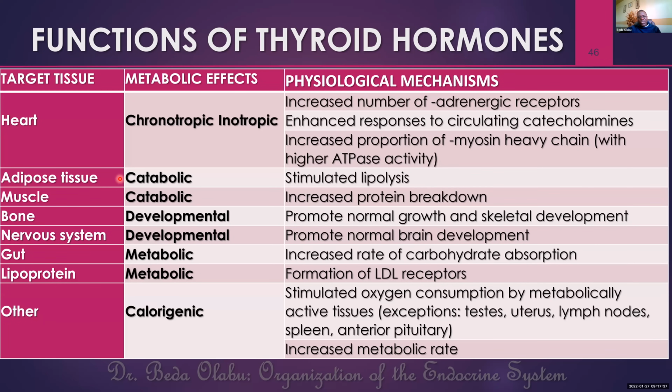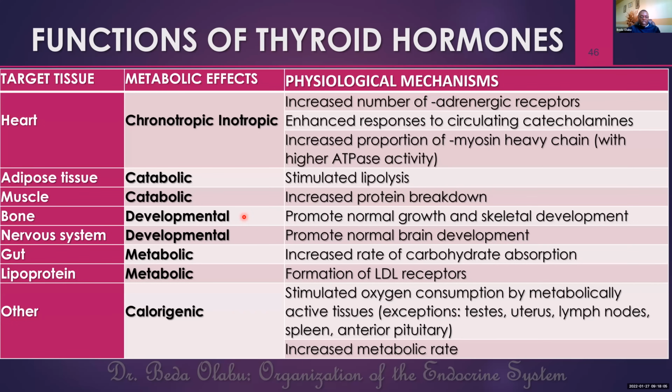On adipose tissue, it's catabolic. Basically, it stimulates breakdown of fat. On muscle, it's also catabolic. Usually it increases breakdown of protein in muscle. On embryology, thyroid hormones are also very important during development.